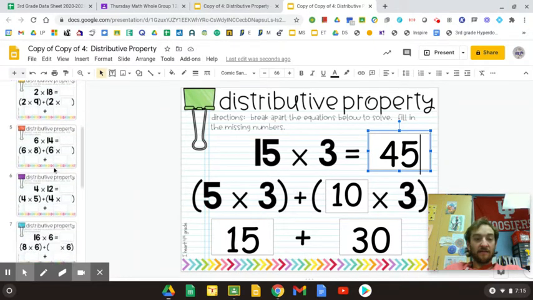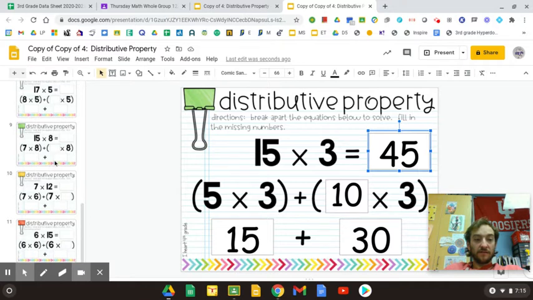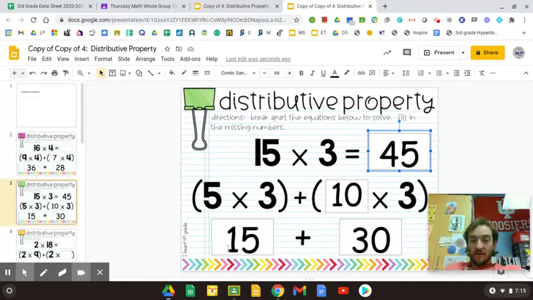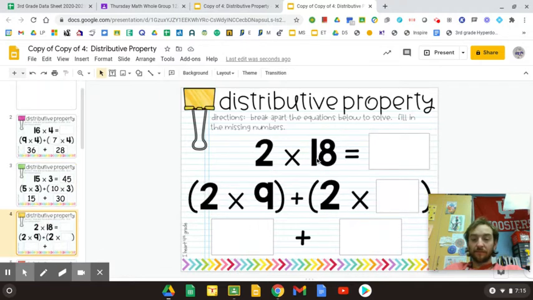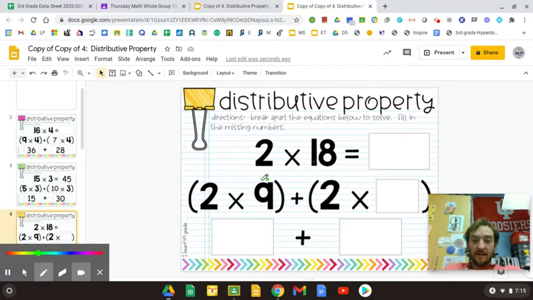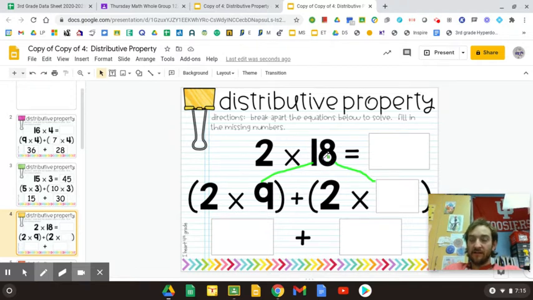So you're going to have 8 more of these to do on your own. Take your time. Ask yourself, so like on this one, 2 times 18. They split 18 into 9 and what? So you're going to ask yourself, what plus 9 gives me 18? This is a chance for you to count up.